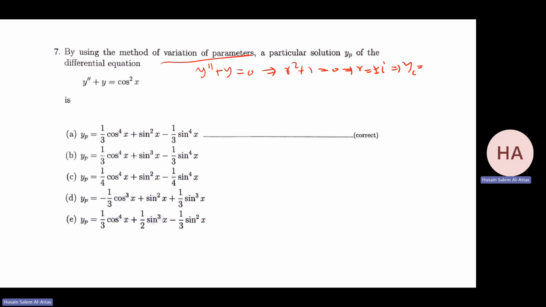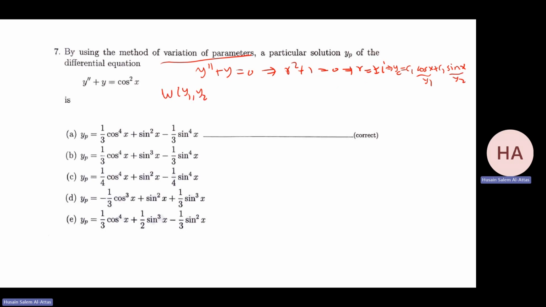So yc would be c1 cosine x plus c2 sine x. So this is y1 and this is y2.